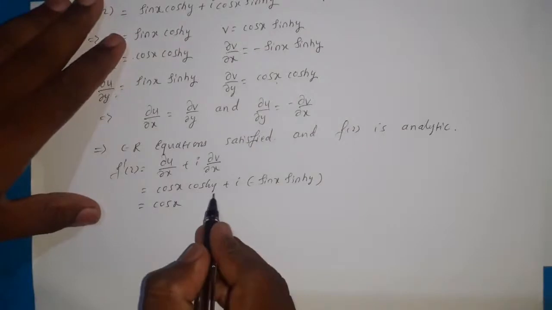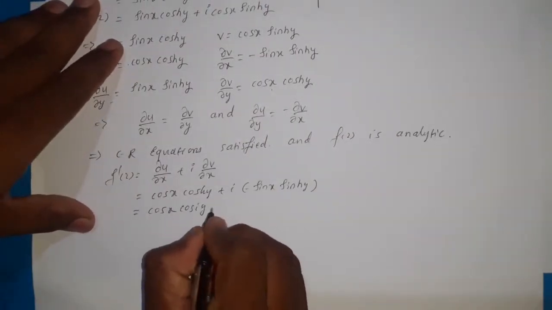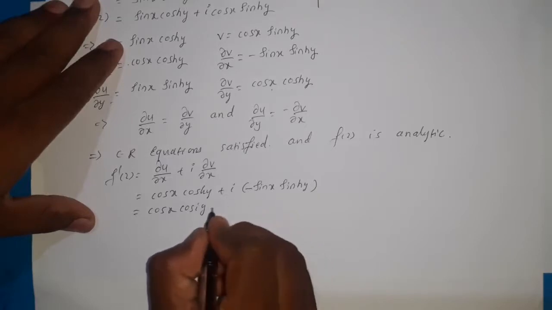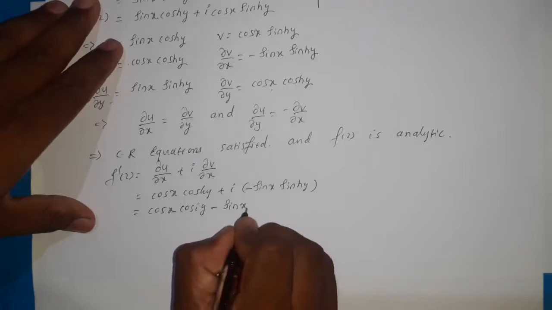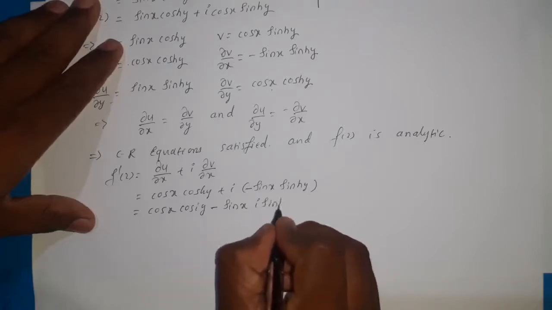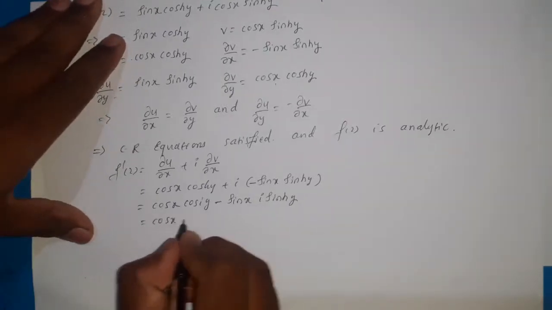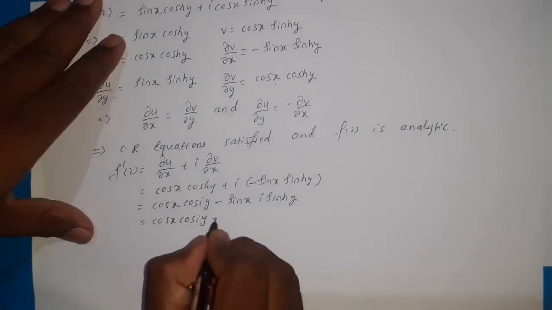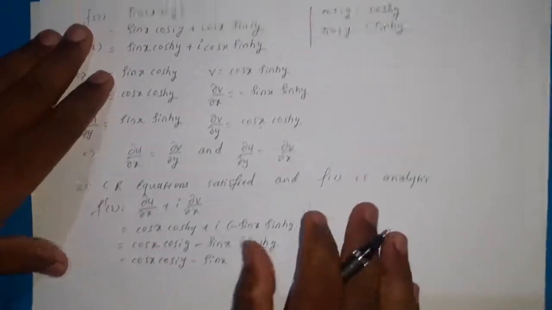Cos hyperbolic y is cos iy, and here minus is there, so it becomes cos x cos iy minus sin x into i sin hyperbolic y.